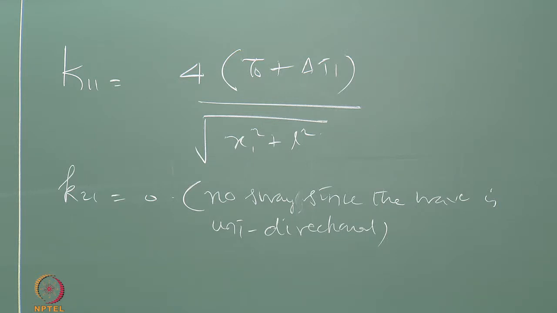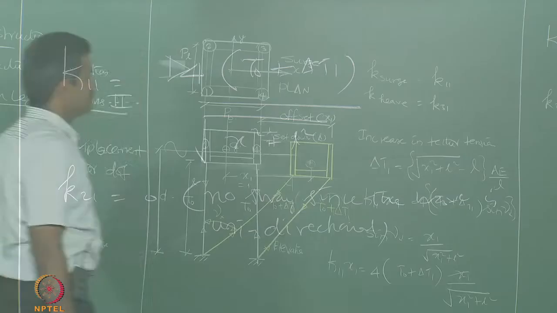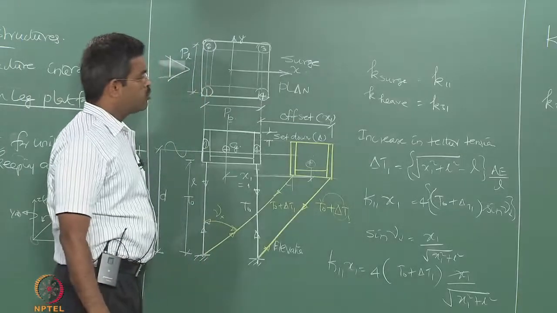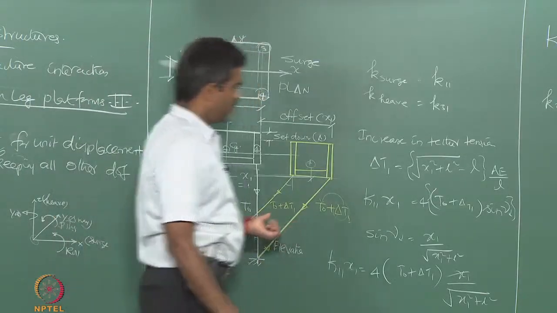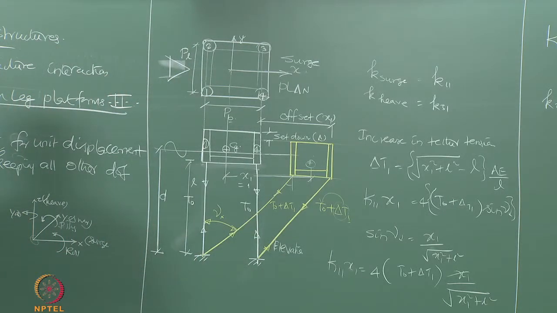Now let us talk about the force in the vertical degree, that is heave. K31 should be the stiffness multiplied by the displacement in heave.